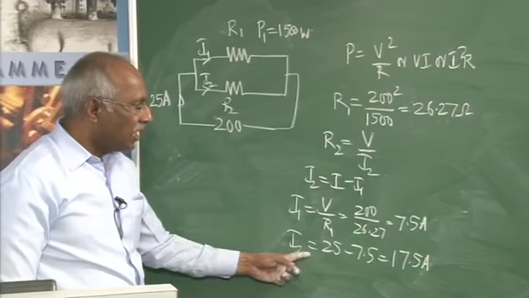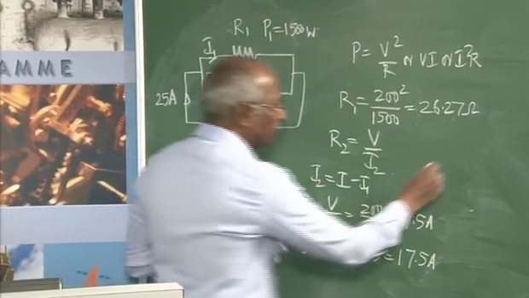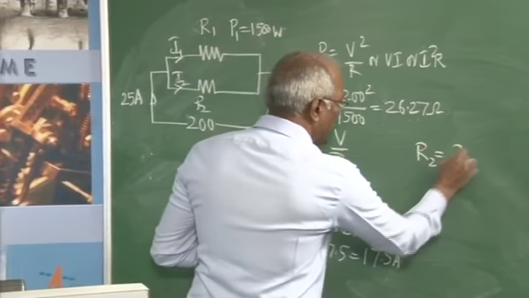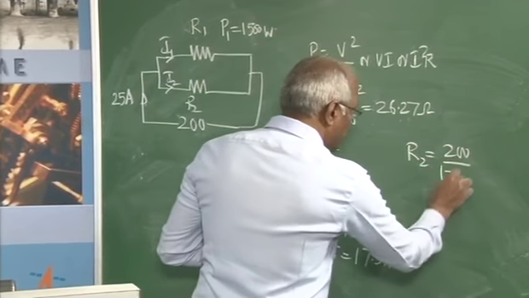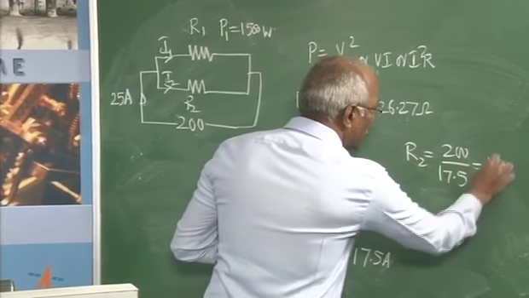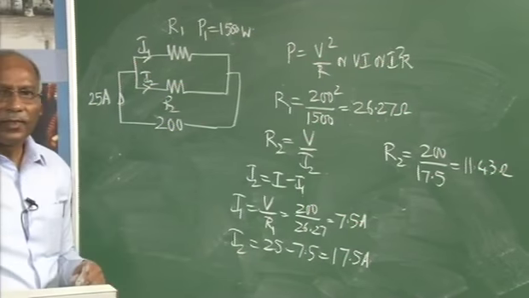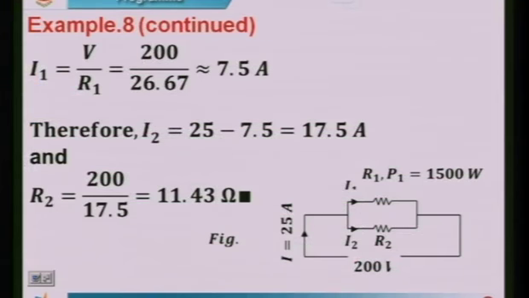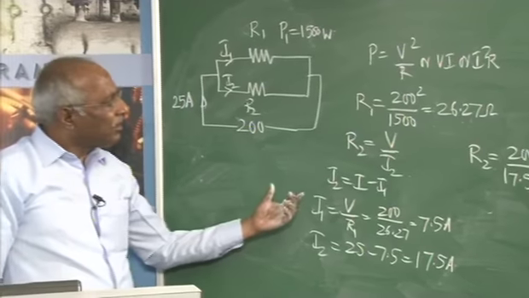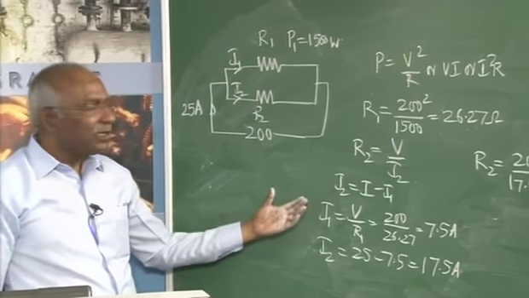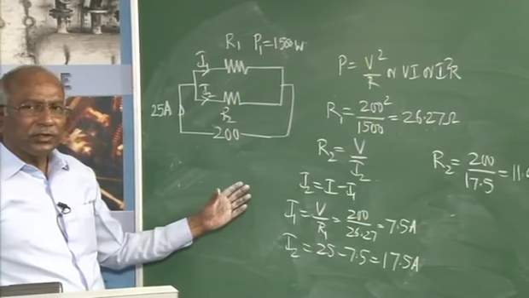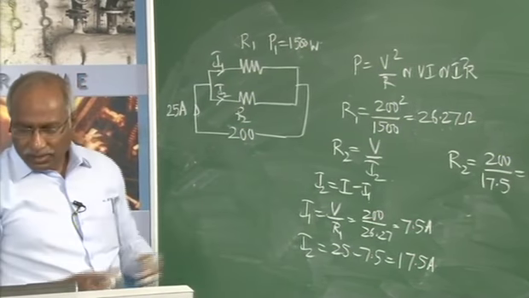With that, the value of R2 will be 200 divided by 17.5, which gives you 11.43 ohm. So this is how it can be done in one of the possible methods. What could be the other method also? Can it be done in any other way?